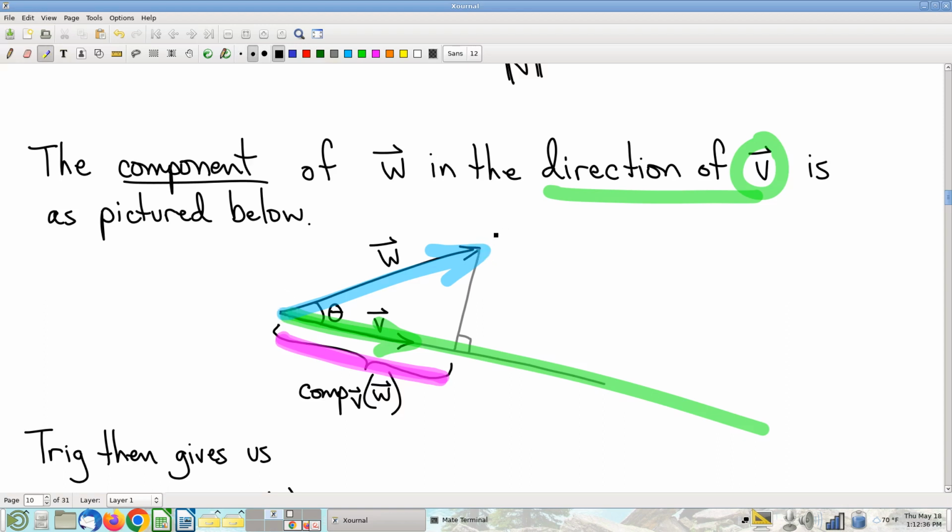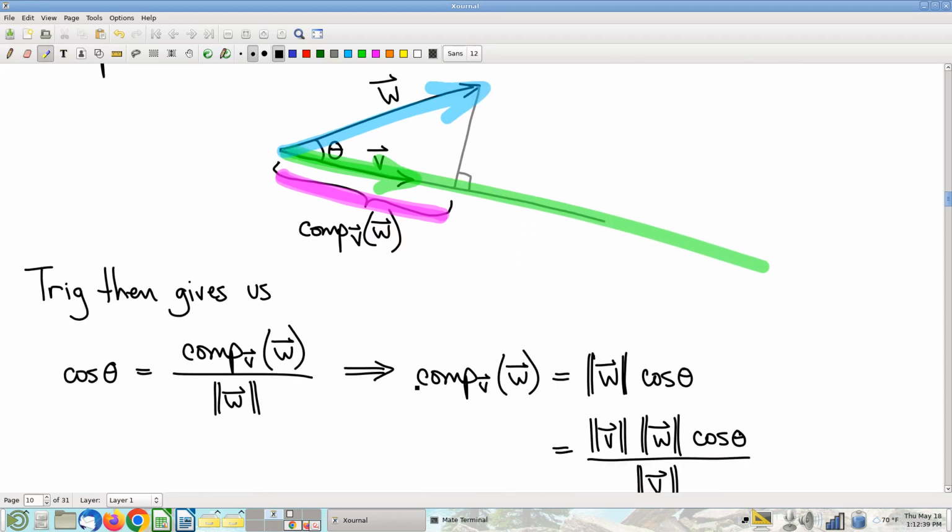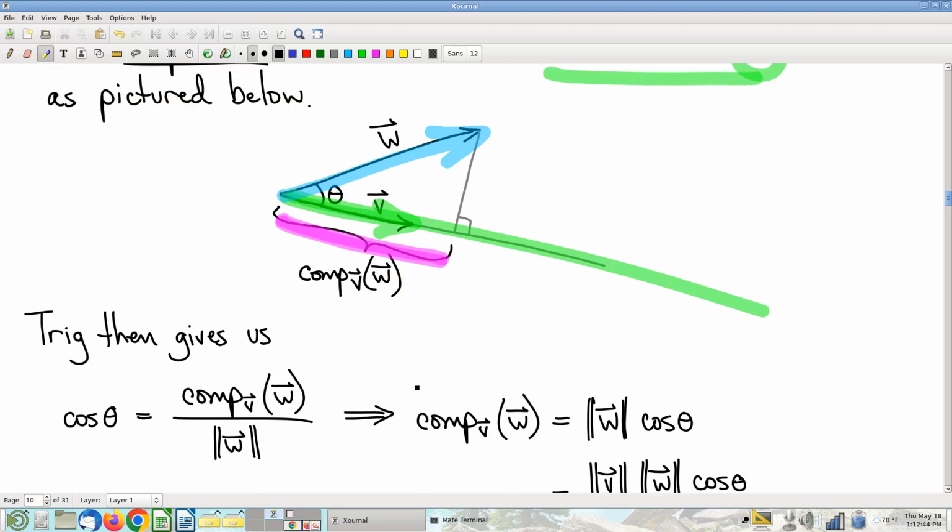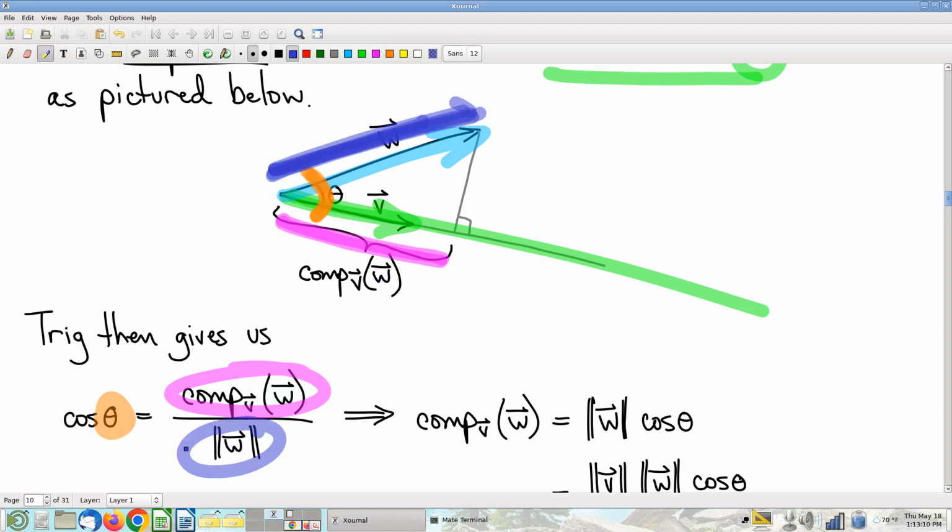So we've got ourselves a little trig problem here, and it's not hard to see that this angle, theta, is going to play a role: the cosine of that angle is the purple side divided by the magnitude of W, that is, the hypotenuse. So purple over dark blue is the cosine of orange. Is that cool?